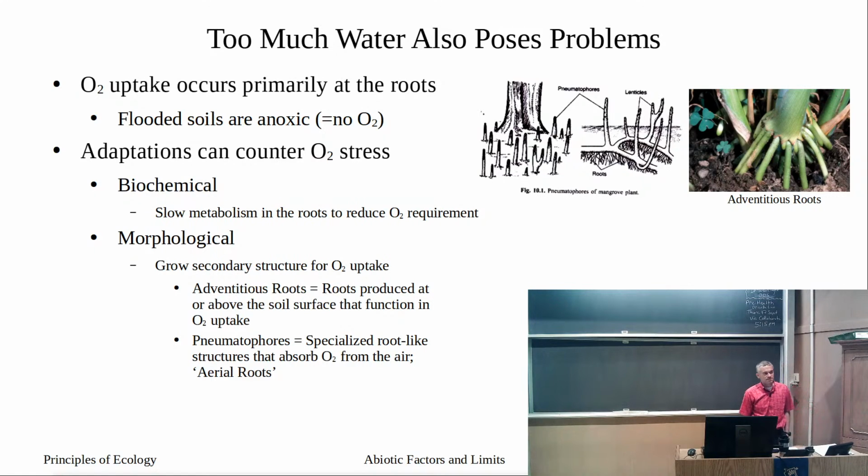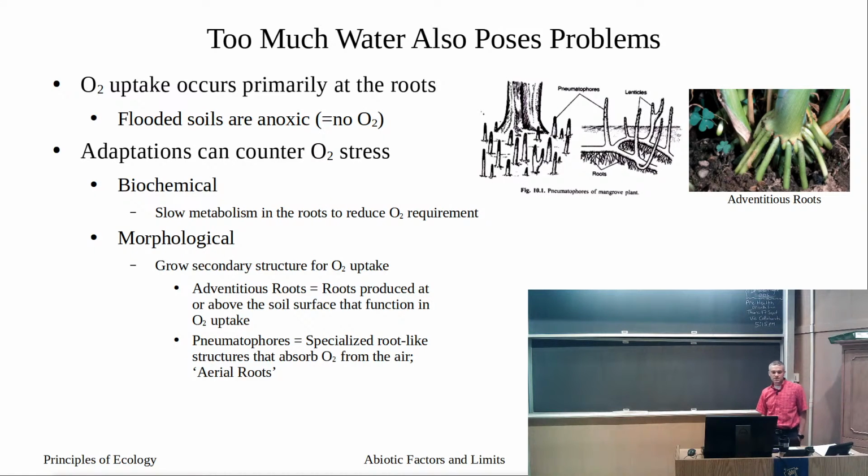The second type of adaptation is morphological. You develop some structure that allows the plant to absorb oxygen from the air. There are two types of these adaptations we can talk about: adventitious roots and pneumatophores. These are both modified roots.